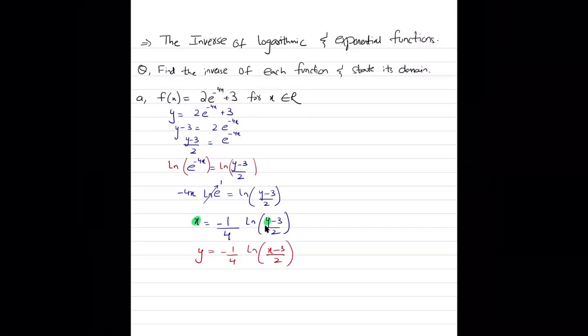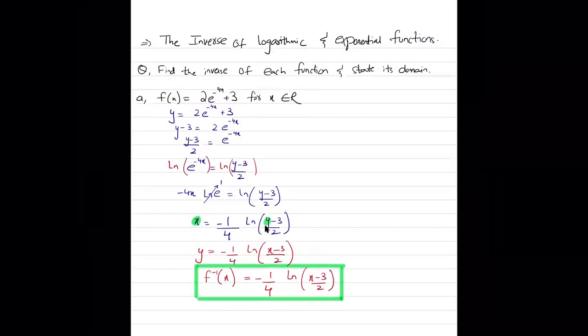Since the function was in terms of f of x, you're going to replace y with f inverse of x, and the inverse function is minus 1 upon 4 ln of x minus 3 over 2. So this is my inverse function.